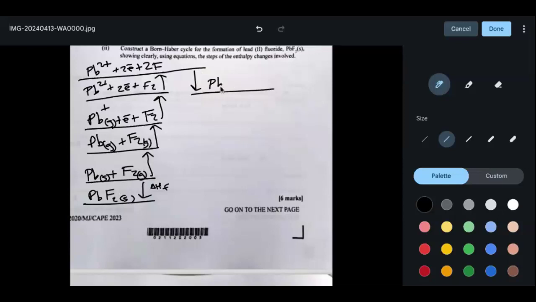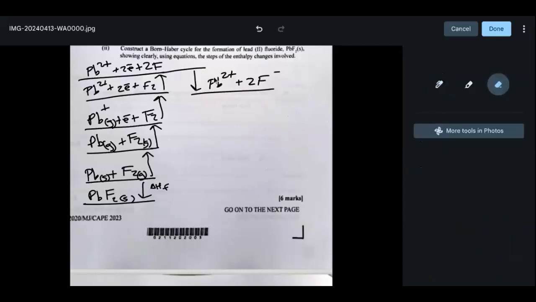So Pb2+ plus 2F minus. It's not like oxygen that is O2 minus. Two fluorine atoms each gaining one electron. That is why the electron affinity you have to times by two.